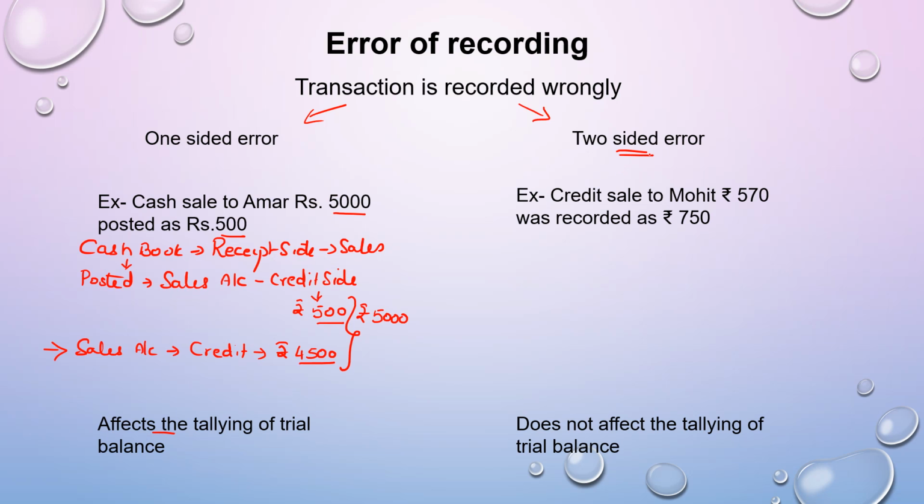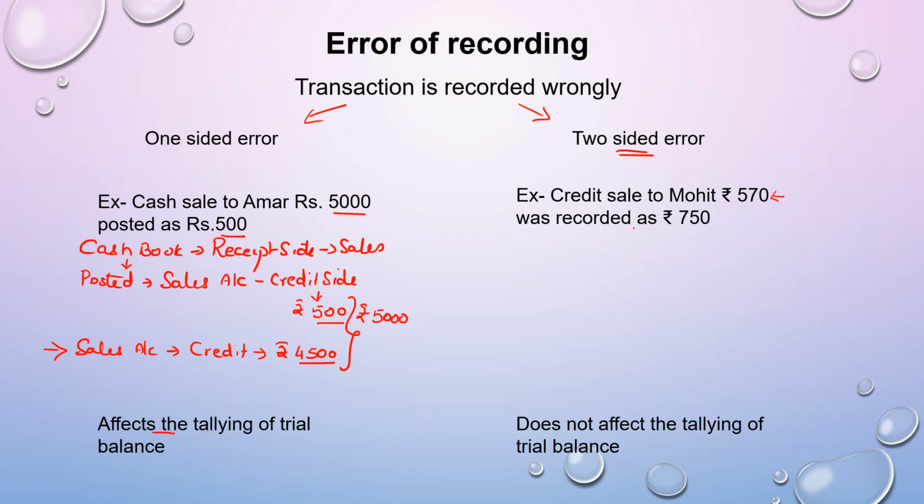Now, if we look at the other type of error where the transaction is recorded wrongly, but the error is a two-sided error, meaning debit and credit, both the places there is error, let us look at this example to understand. A credit sale to Mohit, rupees 570, was recorded as 750. So actually it was a credit sale for 570. In the sales book, we would be recording it, and from the sales book to the sales credit 570 should have gone, and to Mohit's debit 570 should have gone.